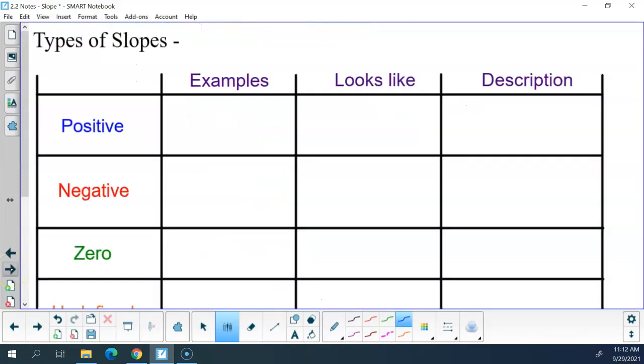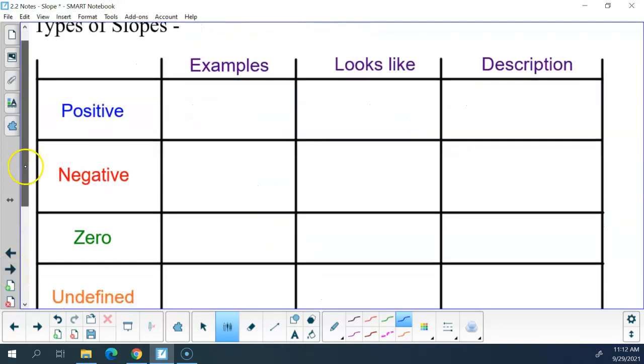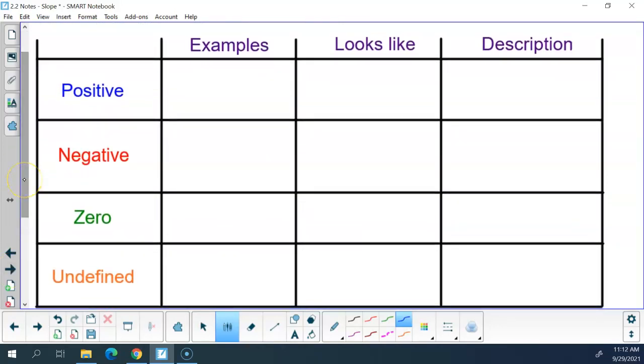Let's talk a little bit more about slopes then. So there are 4 different types of slopes. There's positive slopes, there's negative slopes, there's zero slopes, and there's undefined slopes. Okay?